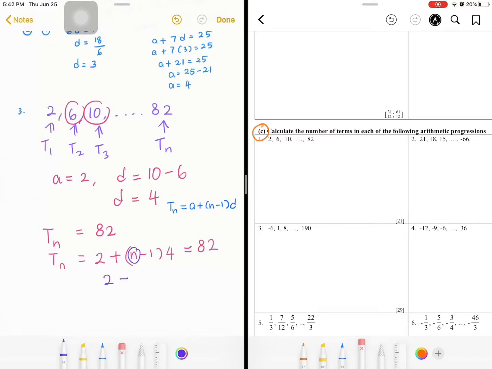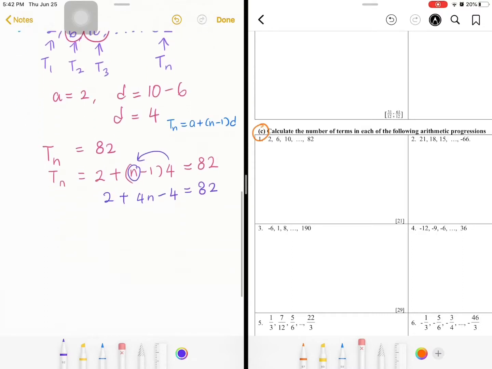Now expand this. So you have 4n minus 4 is equal to 82. So 4n minus 2 equals 82. 4n equals 82 plus 2. So 4n is equal to 84. So n is equal to 21.